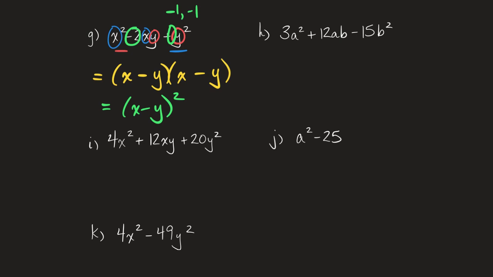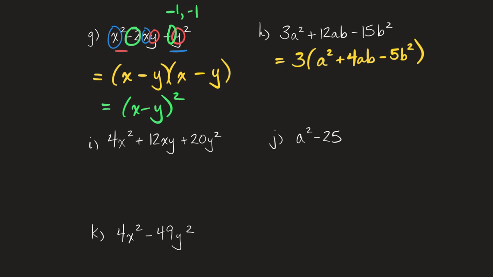Okay, let's work our way through H. I take a peek, and the first thing I always look for is a common factor. And I notice that I have a common factor of 3 in every single term. Okay, I can pull out my common factor of 3. That leaves me with an a squared plus 4ab minus 5b squared.